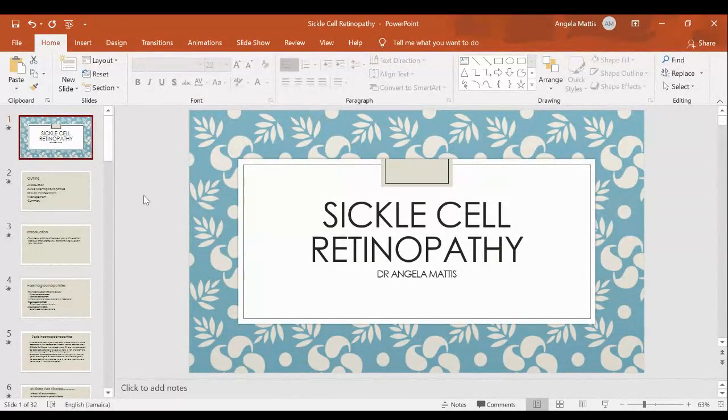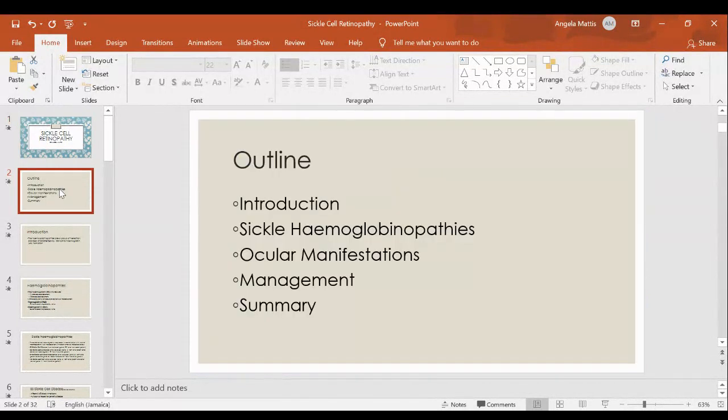Just to give you a little outline, we're going to talk about sickle hemoglobinopathies, and we're going to go straight into the ocular manifestations. And we're going to talk a little bit about the management, including the treatment. But I tell you here and now, folks, we're not going to be asking you how to treat sickle cell.